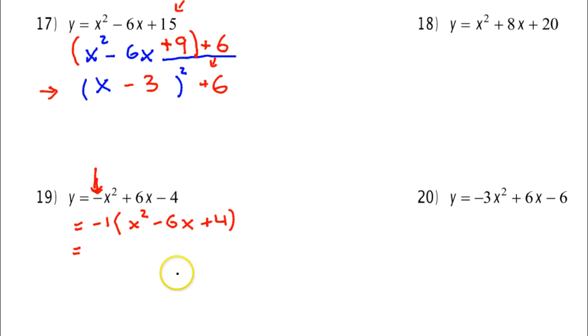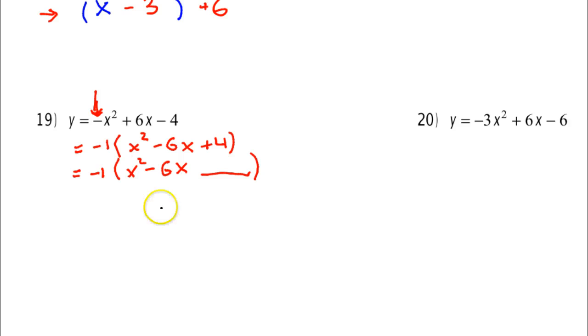And then go through the same steps. Same steps we did before or above. Just remember that this -1 kind of stays there in front of everything else.